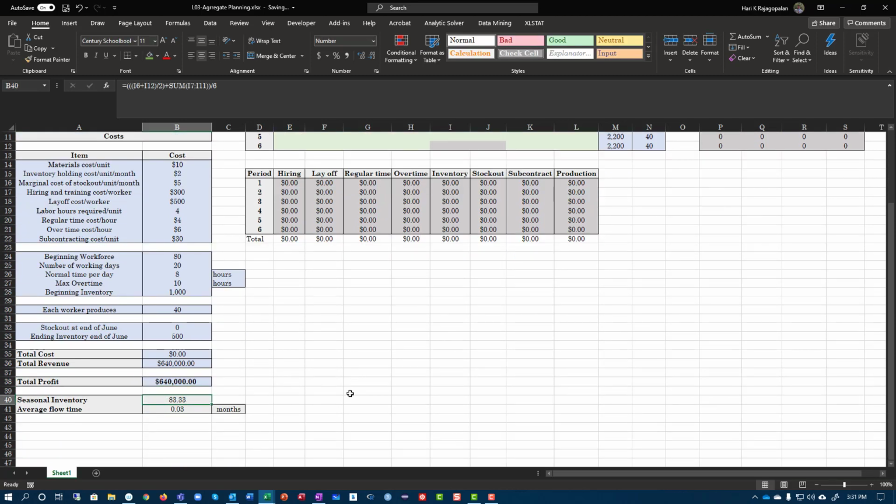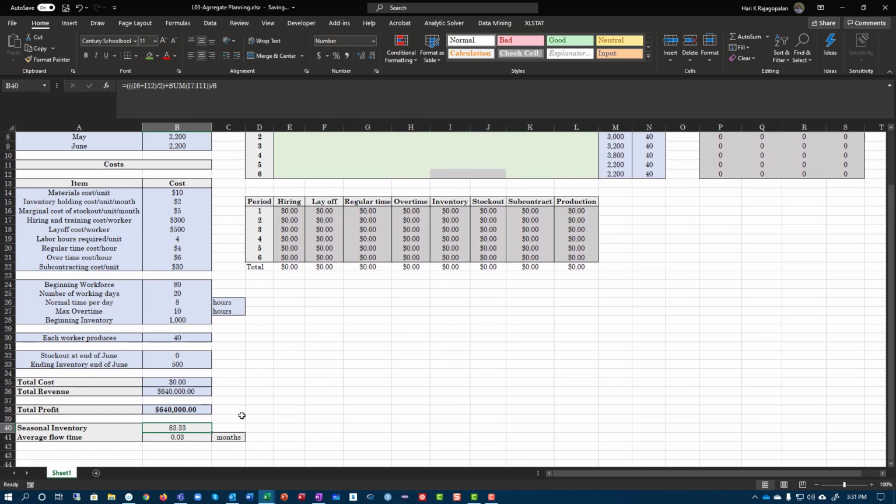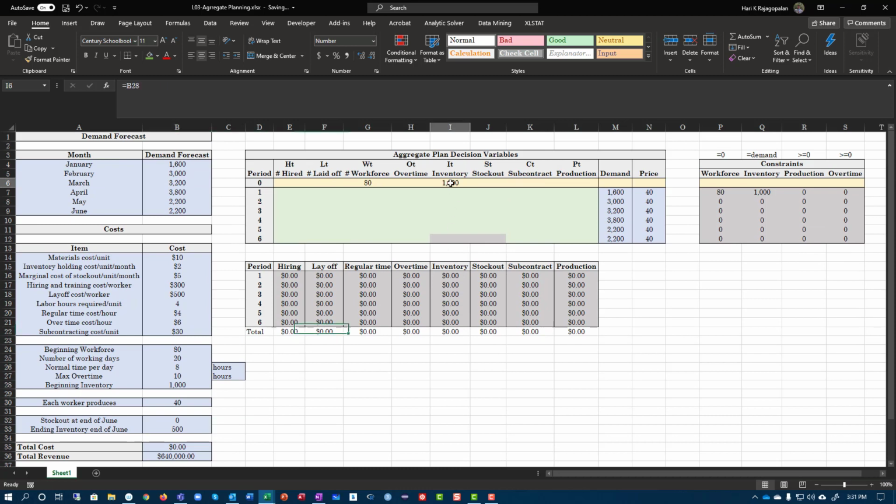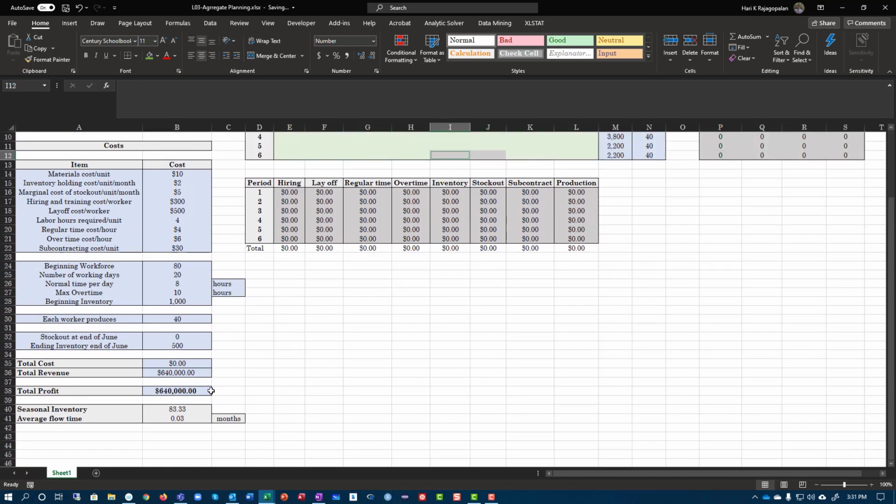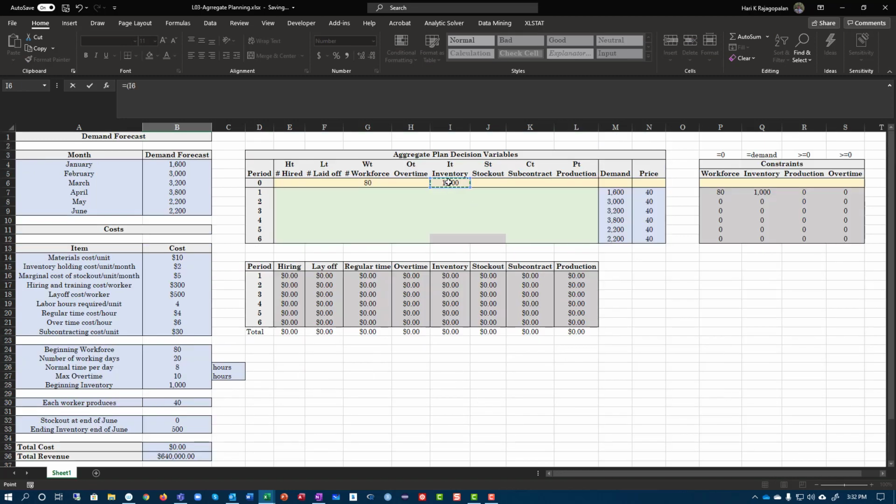Your seasonal inventory is essentially you're going to take the beginning inventory plus ending inventory divided by 2, right? So let's go ahead and do that. We're going to say beginning inventory plus ending inventory divided by 2, right? Plus the sum of the middle here.